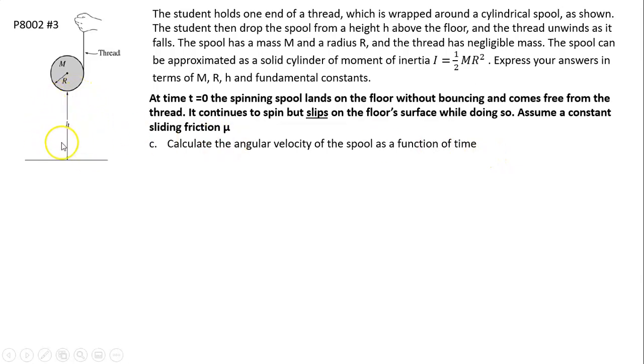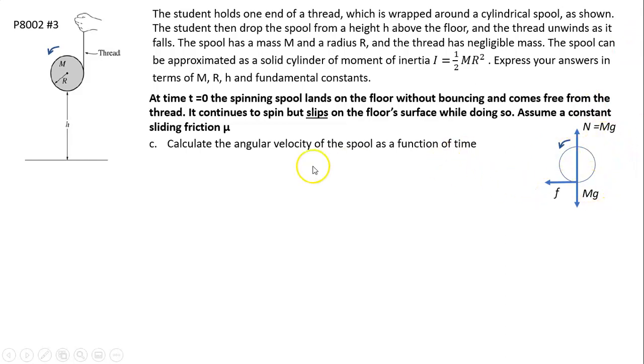Because it's still spinning, and due to friction, that spinning is going to decrease. First, due to the tension, we know it's spinning counterclockwise. So when it's on the floor, it's still spinning counterclockwise. But now you encounter friction. Friction is always opposite your motion, so friction is going to slow this down.